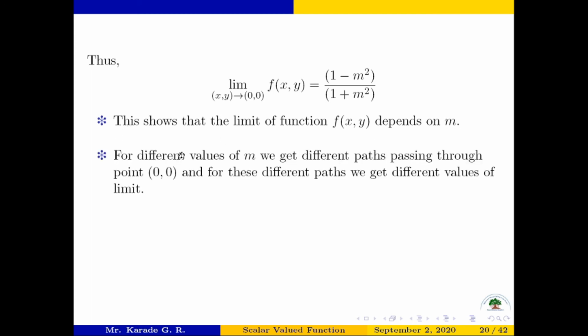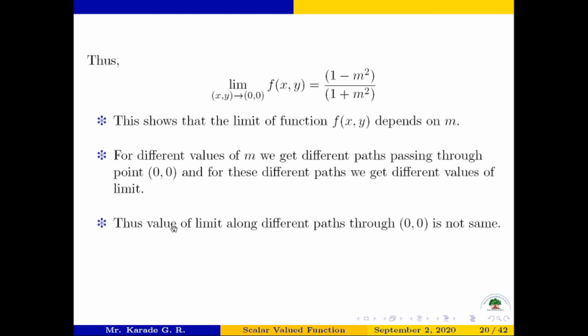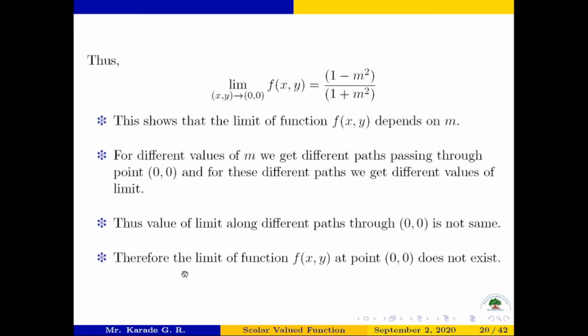For different values of m, we get different paths passing through point 0 comma 0, and for these different paths we get different values of the limit. Thus the value of the limit along different paths through 0, 0 is not the same. Therefore, the limit of function f of x comma y at point 0, 0 does not exist.